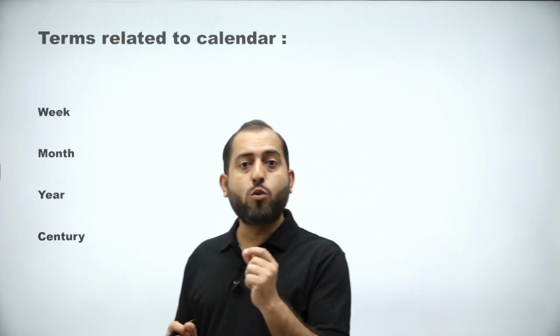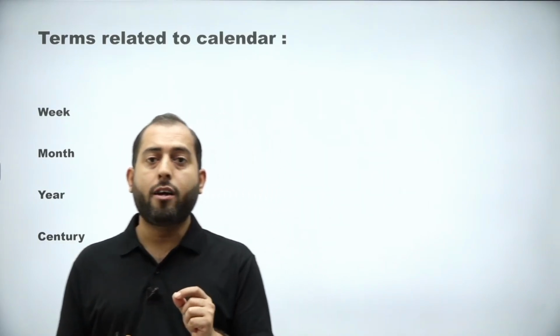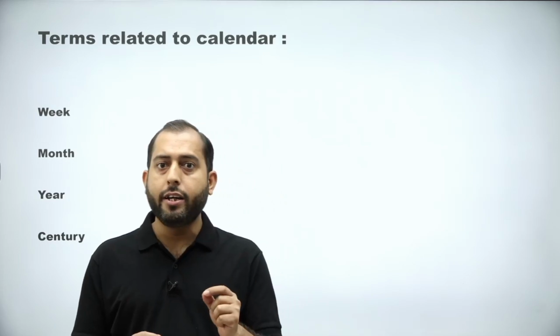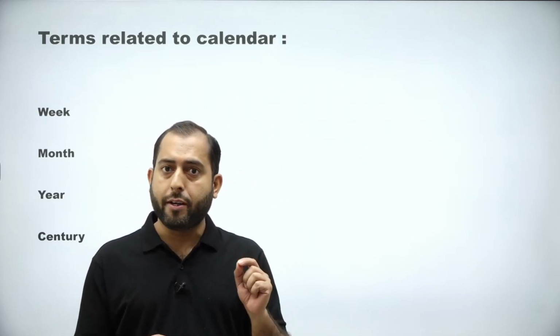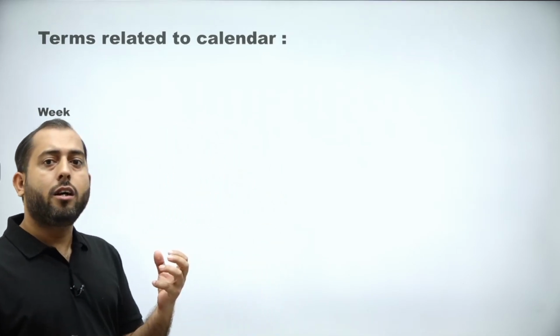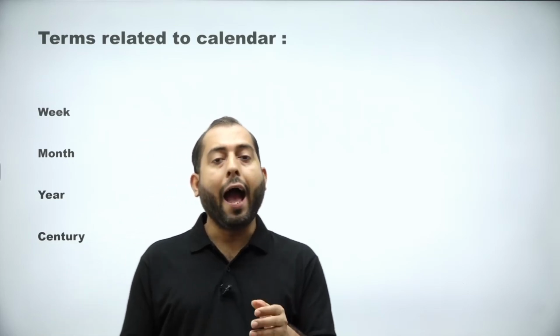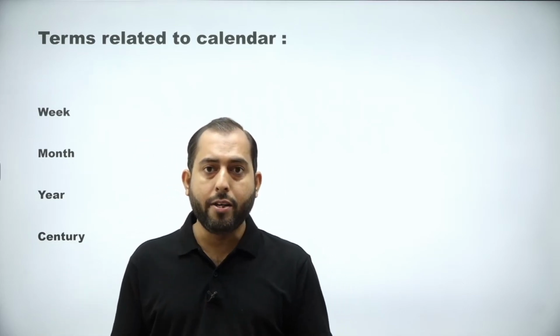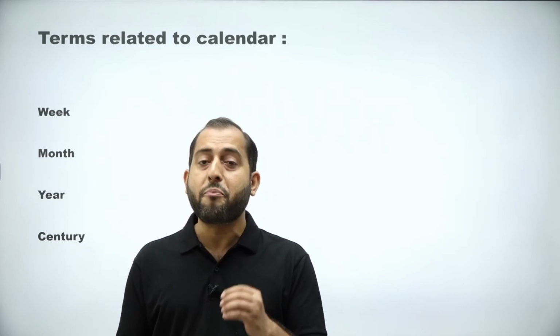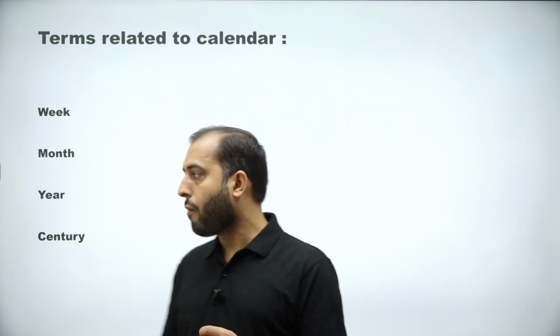Then we have two kinds of years. One which is ordinary year and the second which is leap year. Ordinary year is a collection of 365 days. And leap year is a collection of 366 days. Okay.